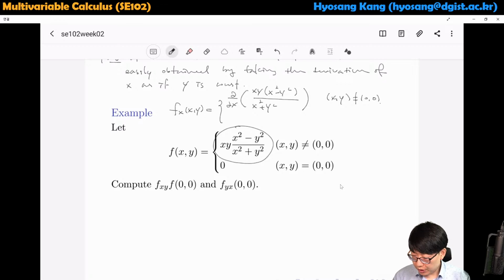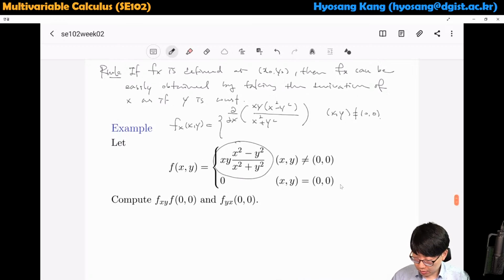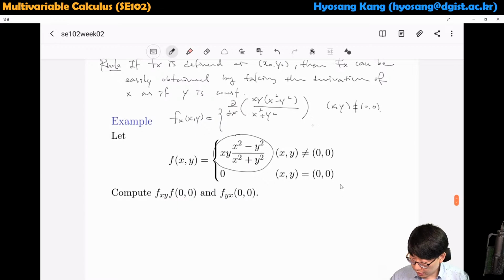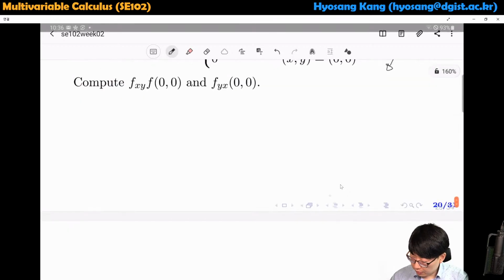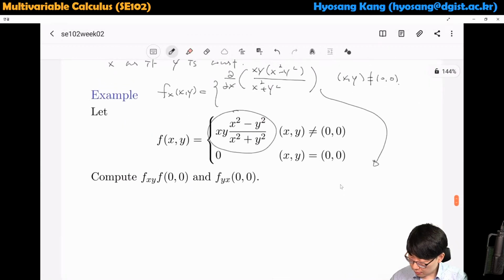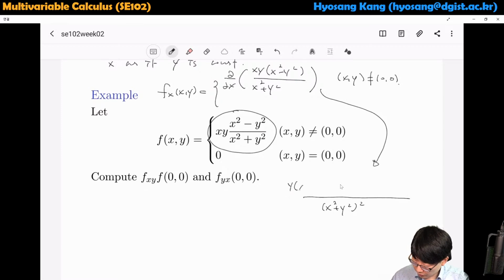Why? Because when you do this computation as the remark said, we get the derivative of a fraction of functions as if it's a one variable function, because I took y as a constant. Here we have (x squared plus y squared) as a denominator, and in the numerator we have y(x squared minus y squared) plus xy times 2x.